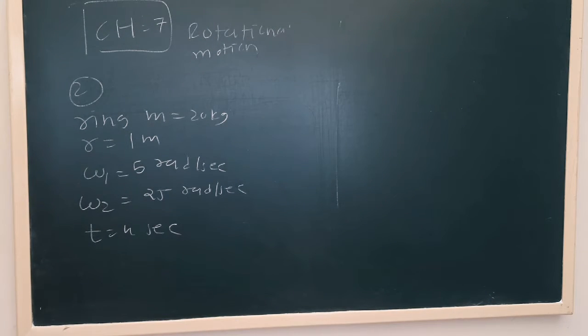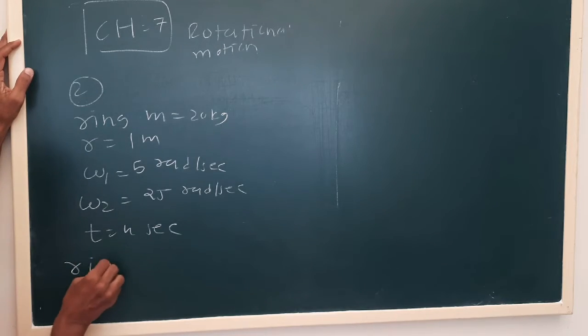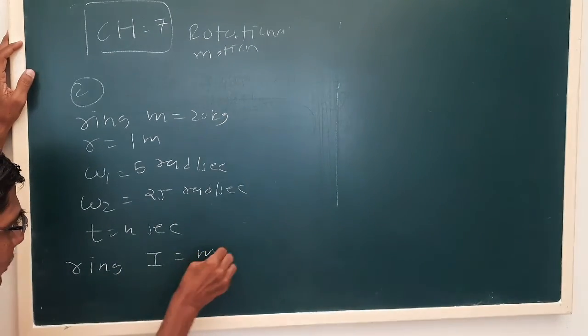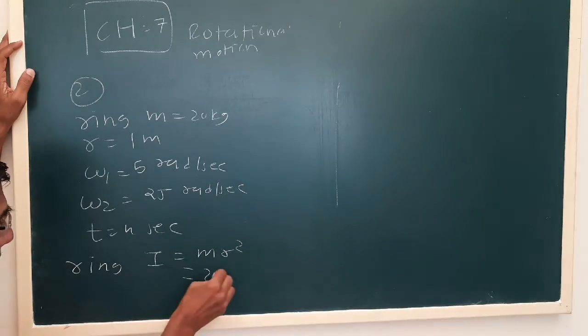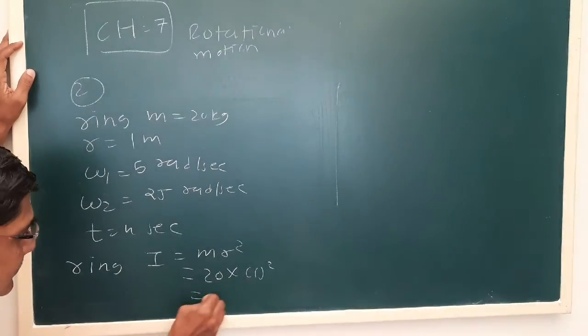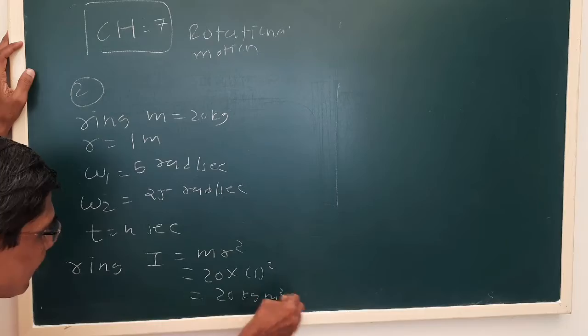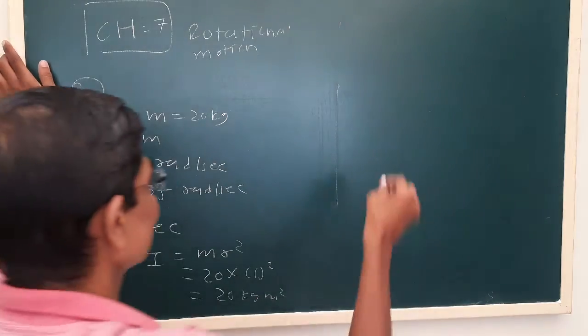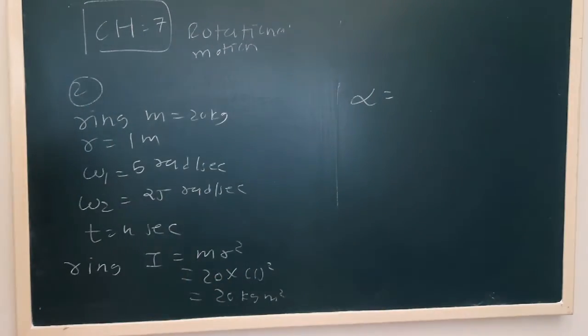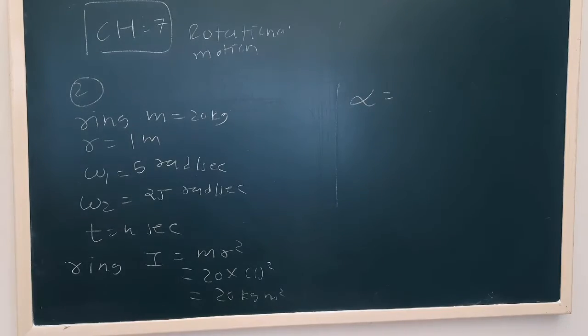Now we know the formula torque is equal to I alpha. For a ring the moment of inertia I is equal to mr square. See, mass is 20 kg, radius is 1, so it will be 20 kg meter square. Now we can obtain alpha, the angular acceleration.